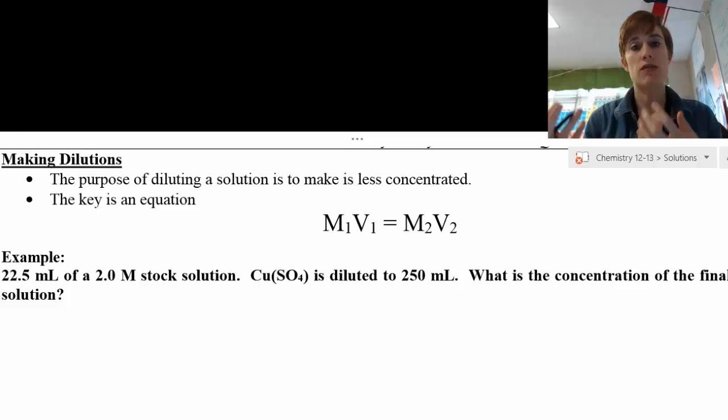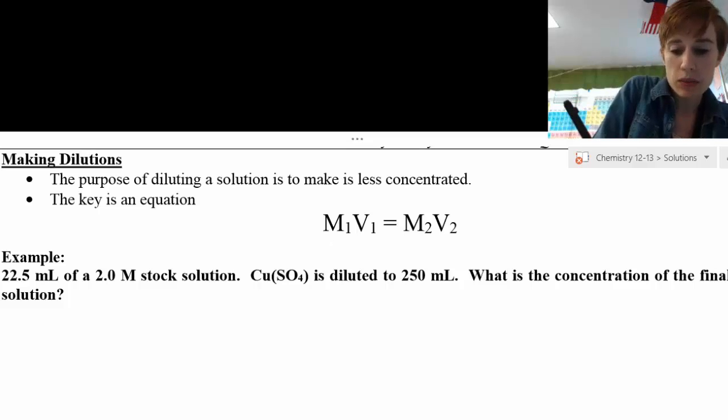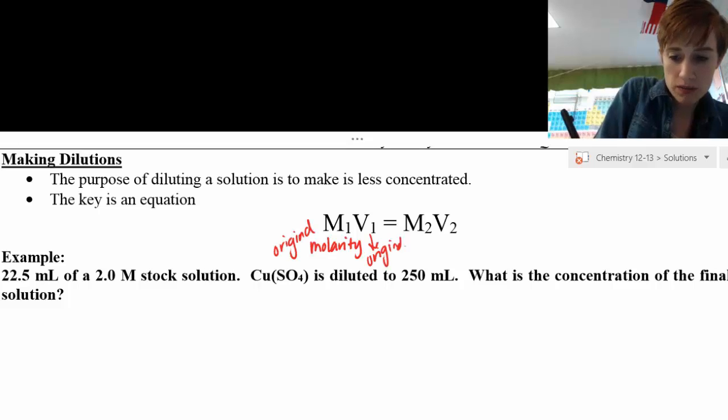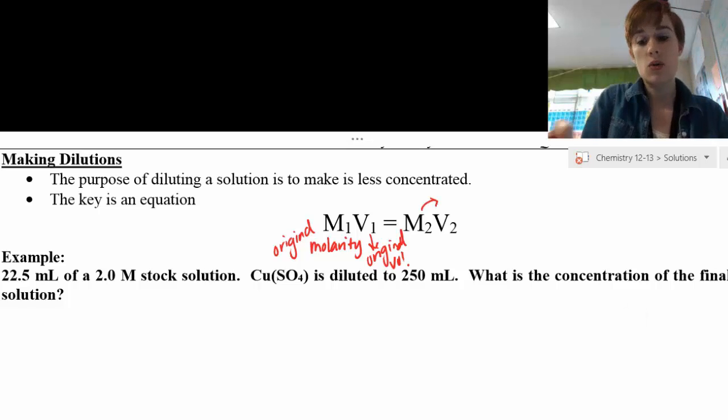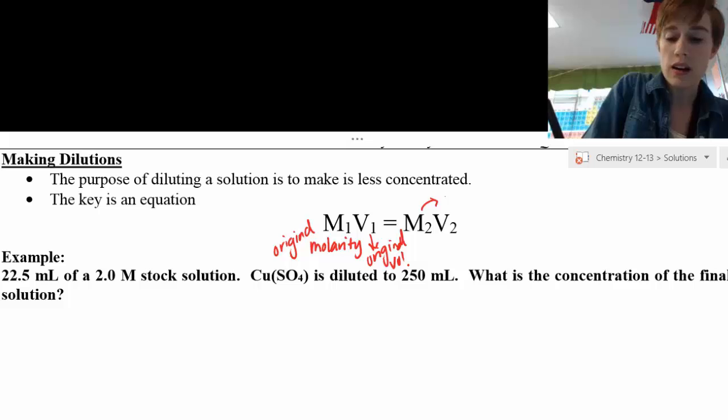So the formula for diluting is you have your original molarity, you multiply it by the original volume, and that should always equal the final molarity times the final volume.